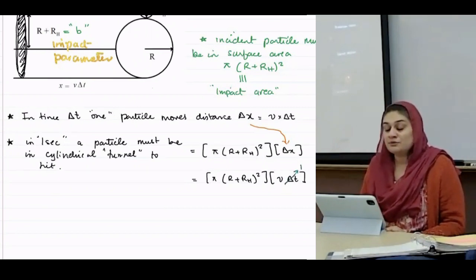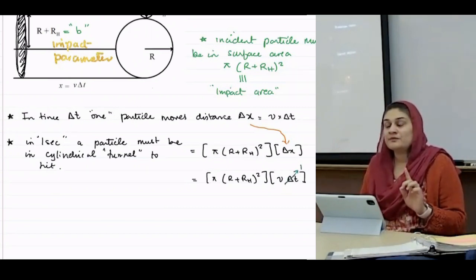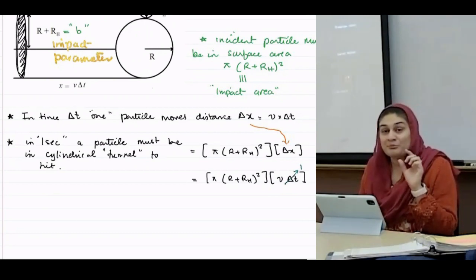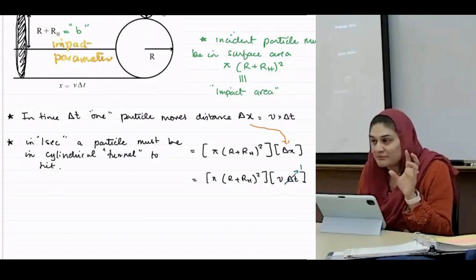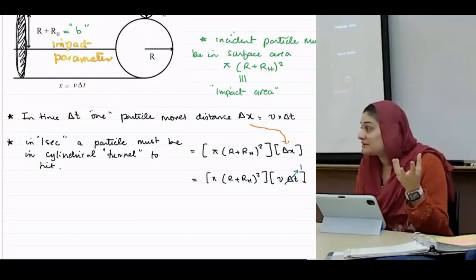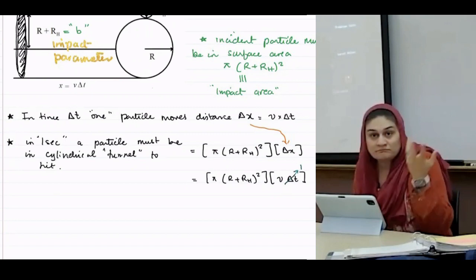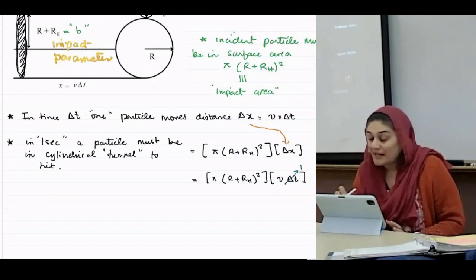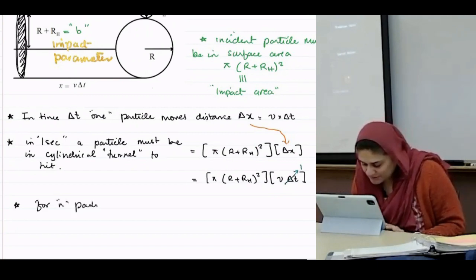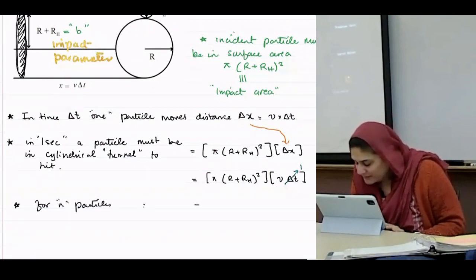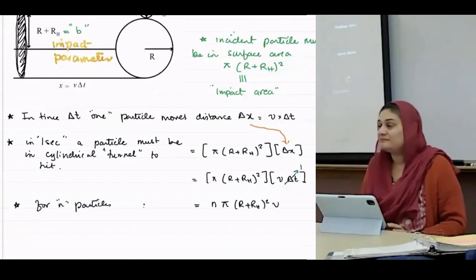I also have to do, so remember I said this is always going to be a beam, not a single particle. How do you want to define the beam? Can I call them n particles in the beam? So then for n particles, may I rewrite this as n pi (R plus r) squared v?